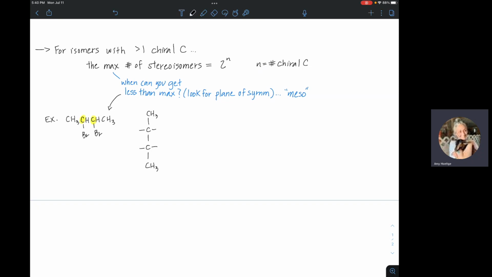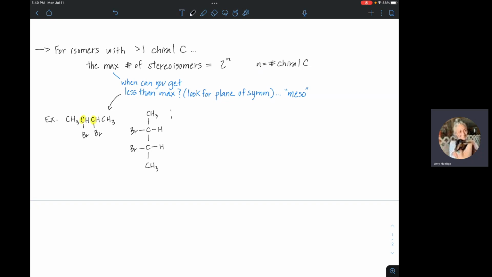What I like to do, and you don't have to do it this way, but it's easier to keep track if you have multiple stereoisomers. I like to stick all the same groups on one side for the very first molecule and then draw its enantiomer. At least then you knock 2 of them out of the way. What I mean by that is I'm going to put both hydrogens on the right to start out, and I'm going to put both bromines on the left.